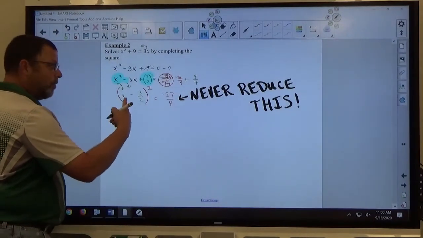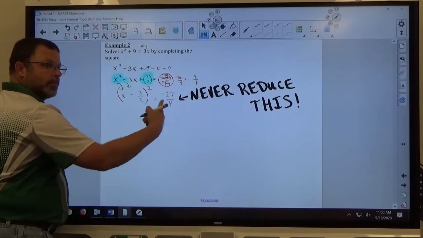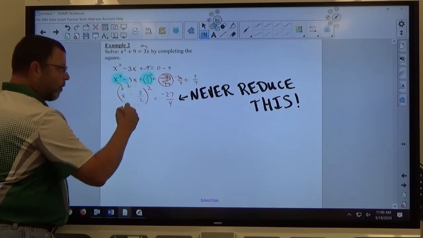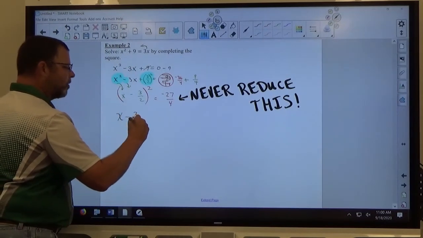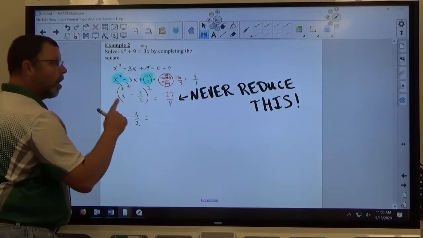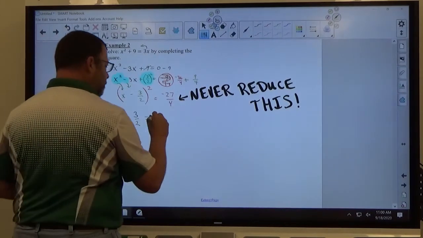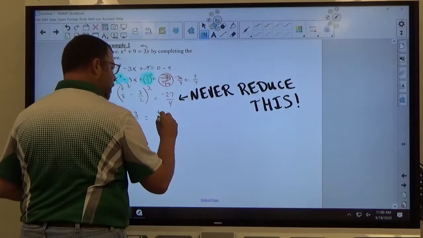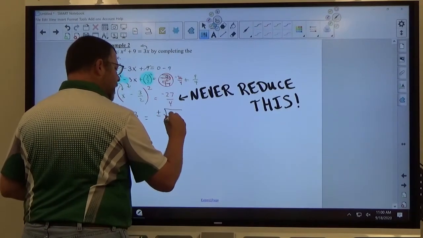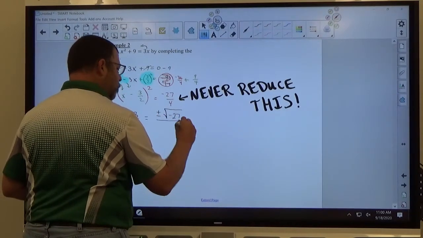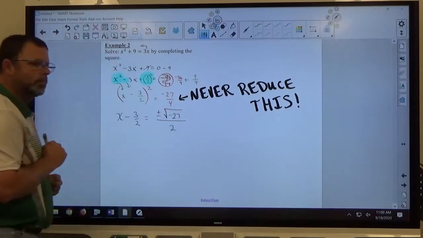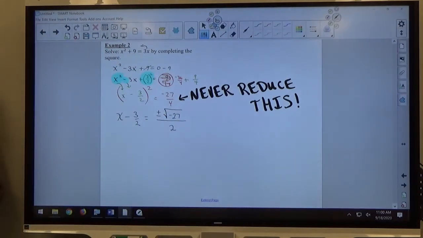If I continue on, the next step says to square root both sides. On this side, I take the power off, so x minus 3/2 equals. On this side, I take the square root, so I get plus or minus the square root of negative 27 on top over 2. In fraction world, you square root the top and you square root the bottom.